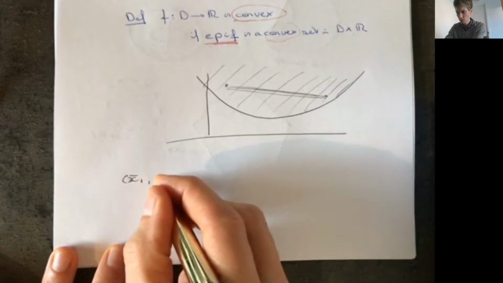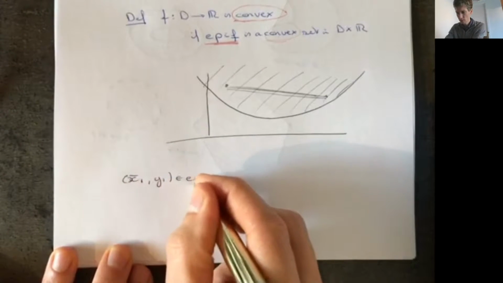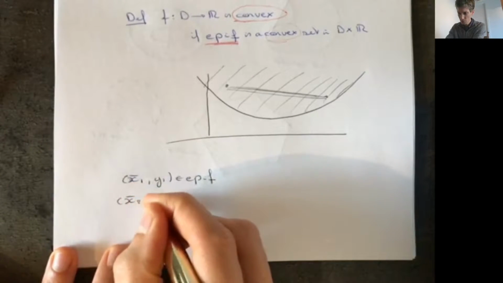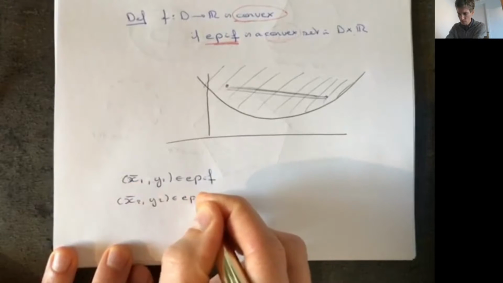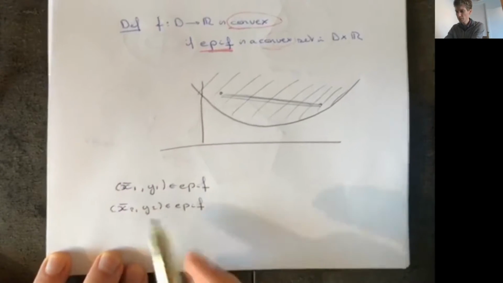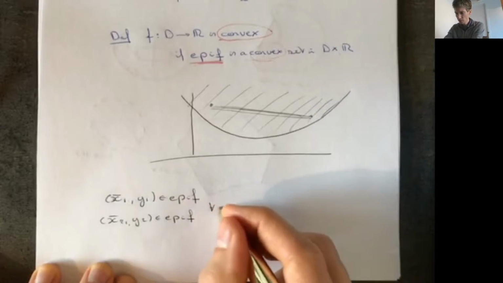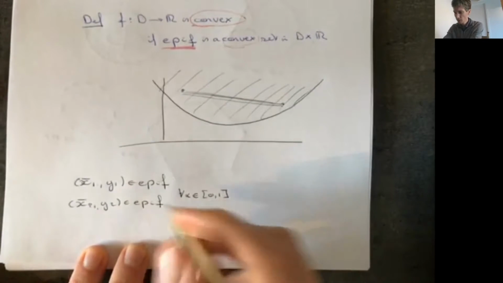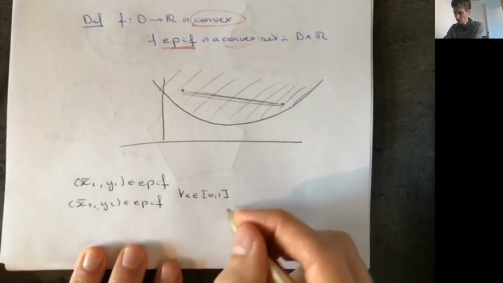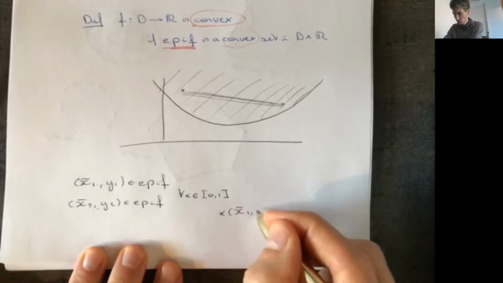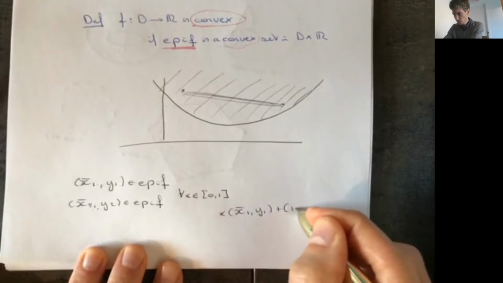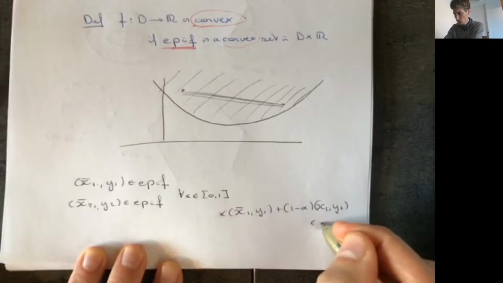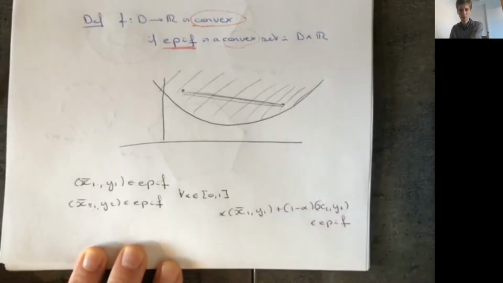let's call it x1, y1 are in the epigraph of f, and then I have x2, y2 in the epigraph of f, and for all alpha in [0, 1], I have that the convex combination of these two, so alpha (x1, y1) plus (1 minus alpha) (x2, y2), is also in the epigraph of f.